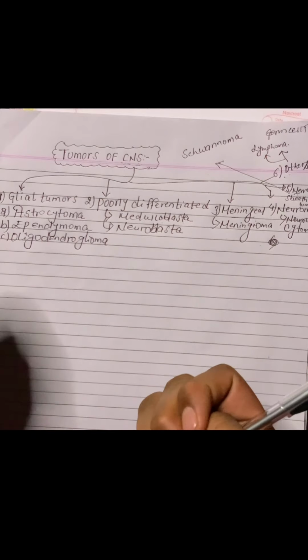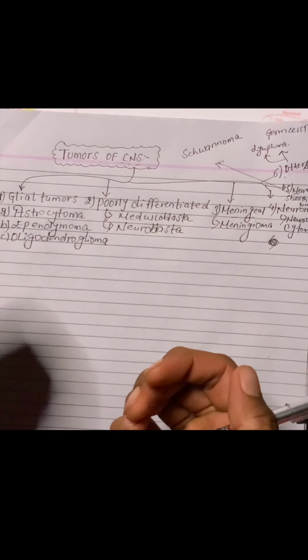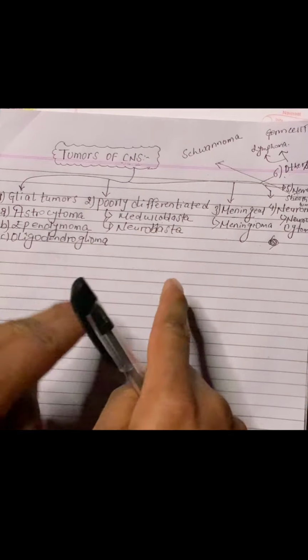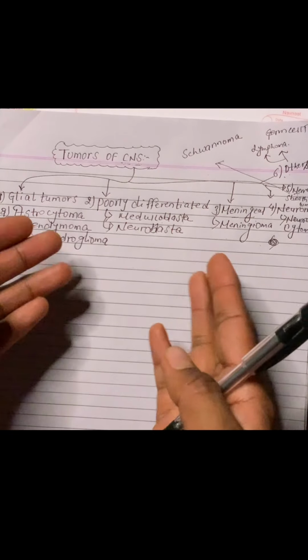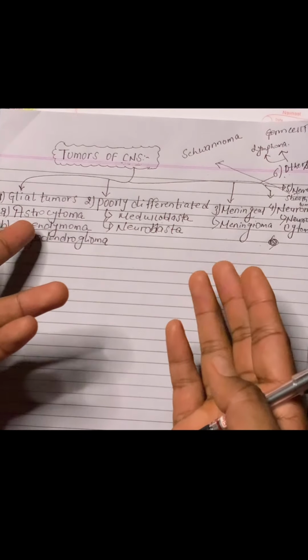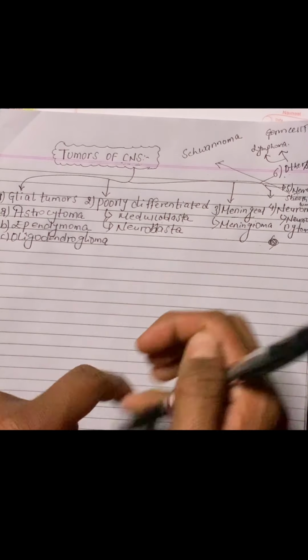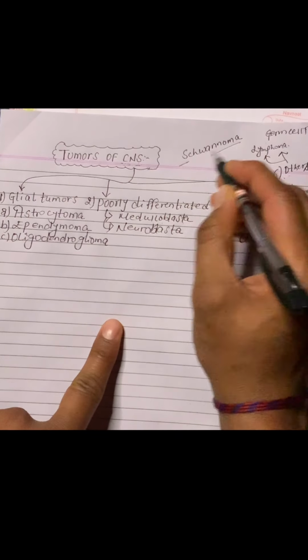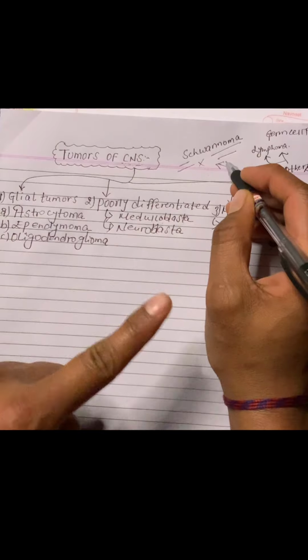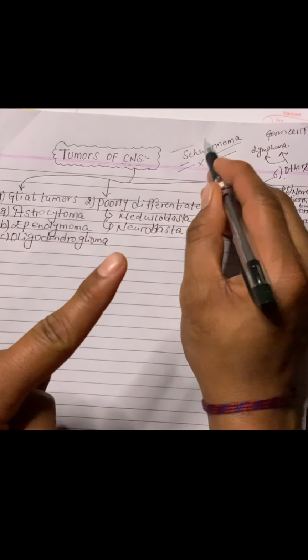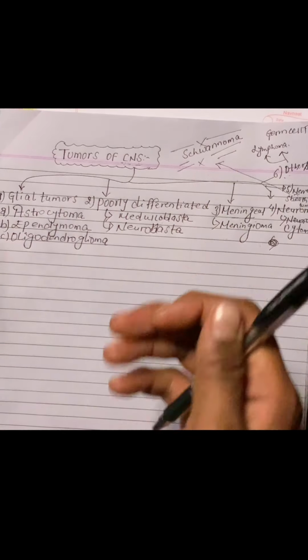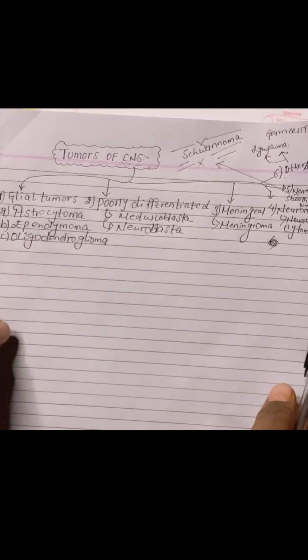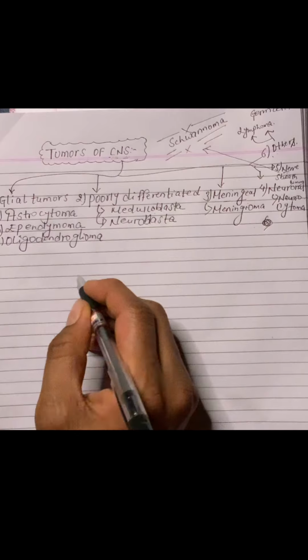The examiner can pick any of the contents mentioned here and ask in the examination. The latest examination question is the schwannoma. So in this very session, we are going to discuss the schwannoma, and in subsequent sessions we'll be discussing all these tumors one by one in a very simplified way. So let's talk about the schwannoma first of all, because this is a very essential question.